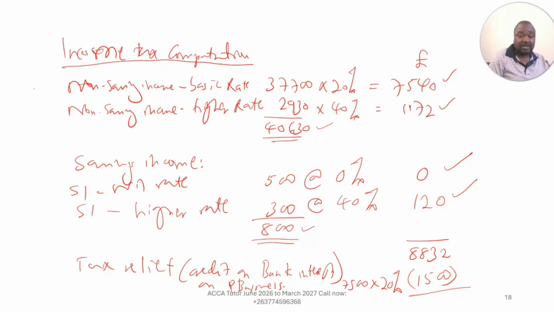So 8,832 minus 1,500 should give us 7,332. And ladies and gentlemen, this is our income tax liability.